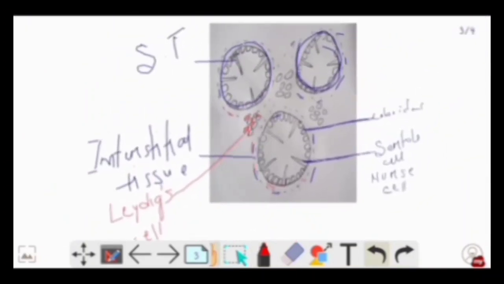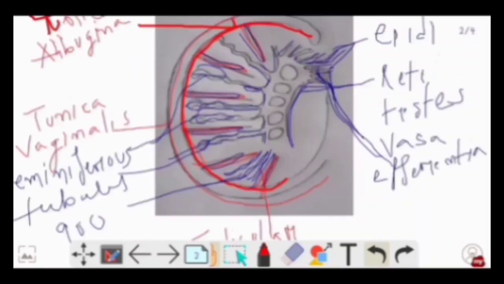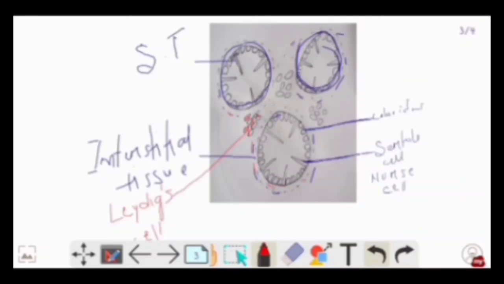Through here is the rete testis, and this is the vasa efferentia. Through this vasa efferentia the sperm are conducted to the epididymis. In the next class we will discuss the epididymis. Thank you.